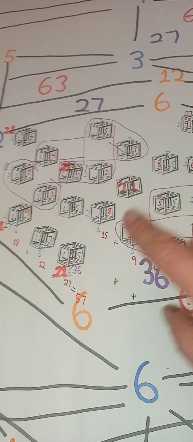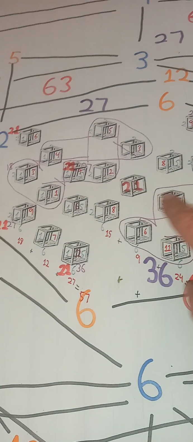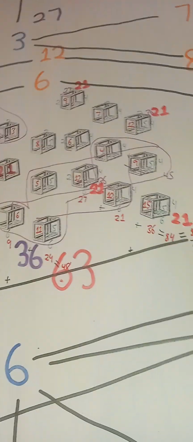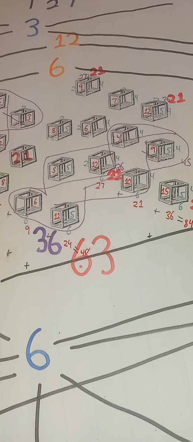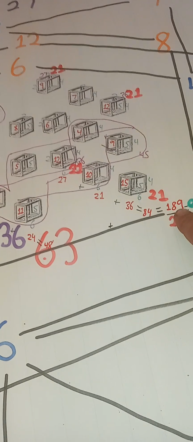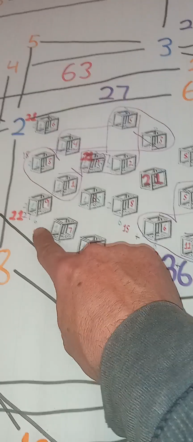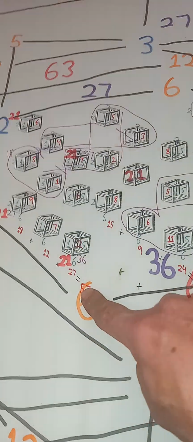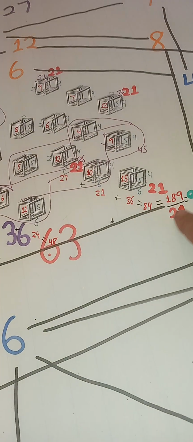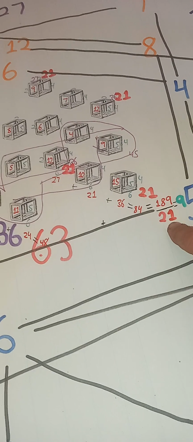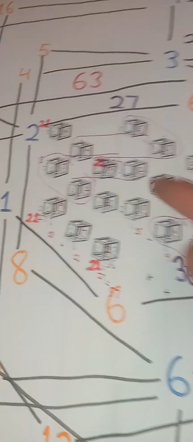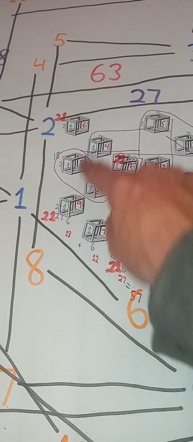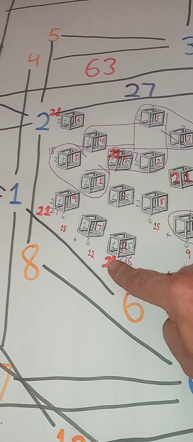And lastly, the neat thing about this fractal central ghost number cube is that when you divide the original central ghost number into the fractal central ghost numbers that are added up, gone down, gone across, added up, 189, 21 goes into 189 9 times, which gives you the cubes to each face.